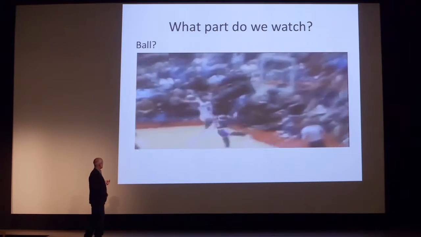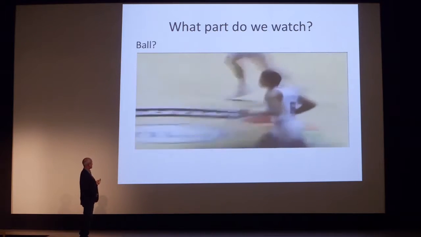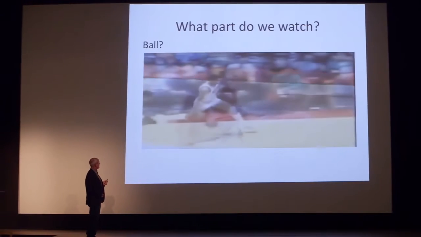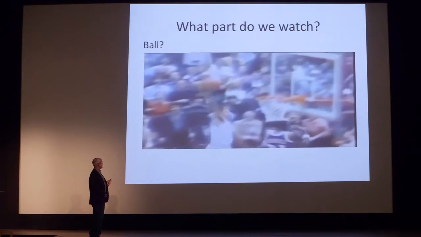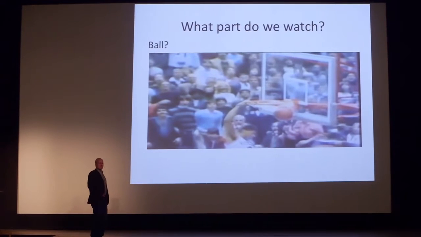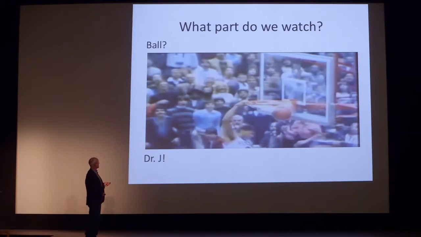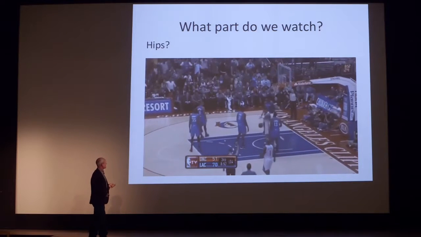All right. Let's take a look at this. Amazing dunk. You can see it in slow motion as well. Julius serving here. All right, what are you watching there? Probably the ball, right? So the ball is doing some amazing things as Dr. J does his thing there. Okay, so it could be the ball. Maybe it's the hips, all right?